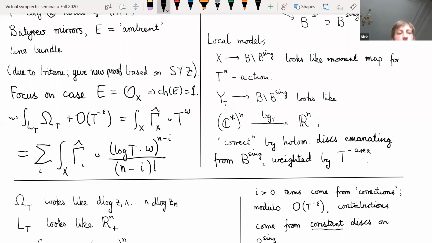We get a sum over the degree 2i part of the gamma hat class with the degree 2n minus 2i part of t to the omega, just by the formula for the exponential.